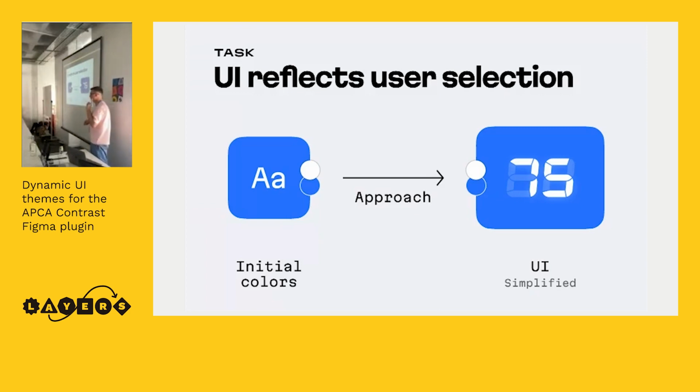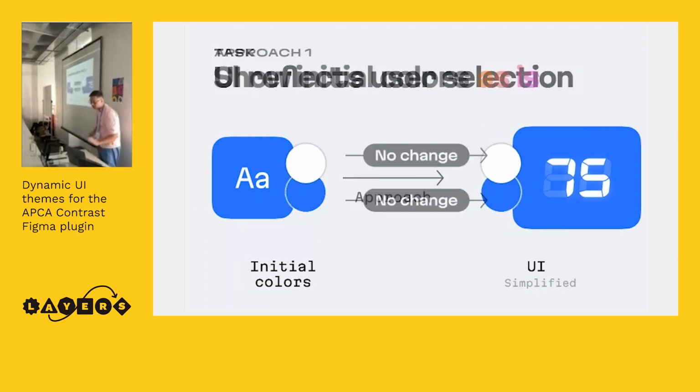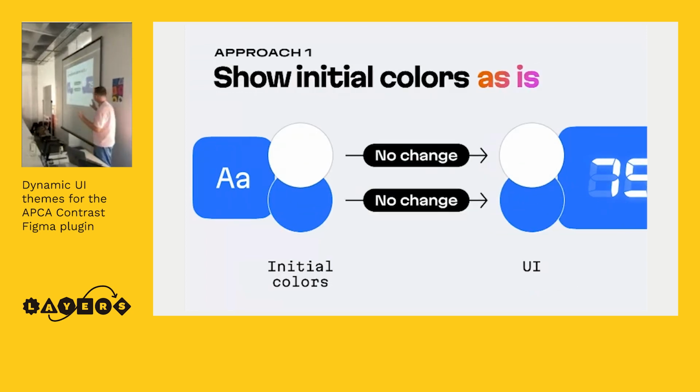Take a moment to think. Meanwhile, I suggest you start pretty simple. Let's just show the initial colors as they are. Even if the user selects white text on a blue background, let's show these colors with no change.